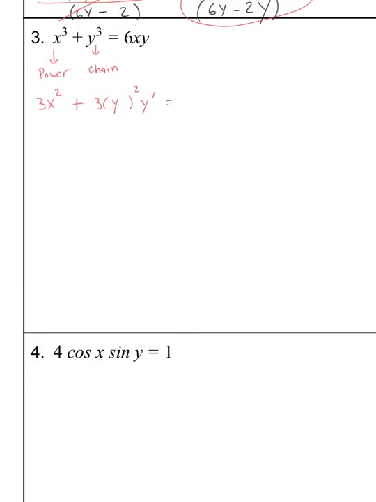All right, now we go to the right side. This here is a product rule. We are multiplying 2 separate functions together. So 6x is my first function, and y is my second function. So we need 1d2 plus 2d1. The first function as is 6x.